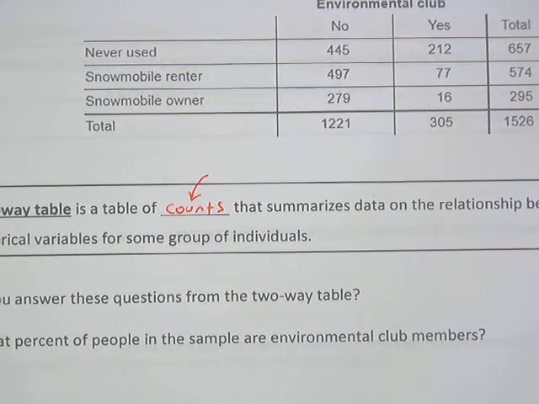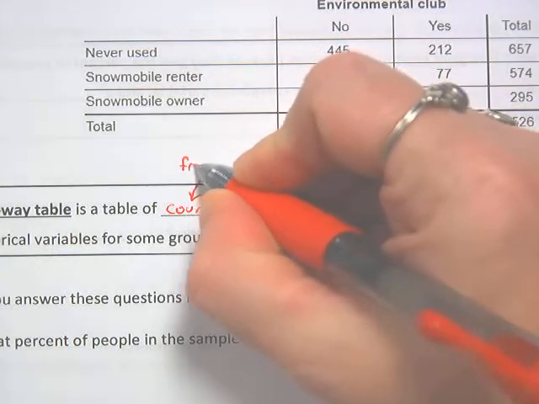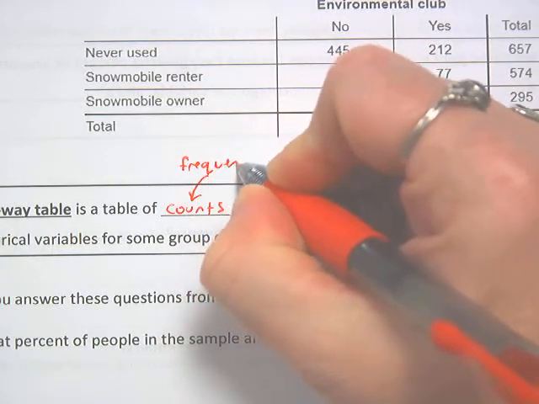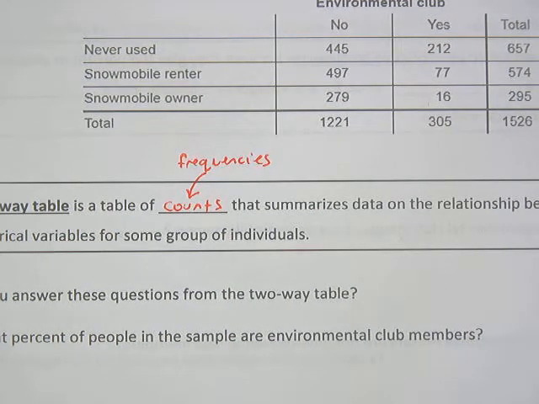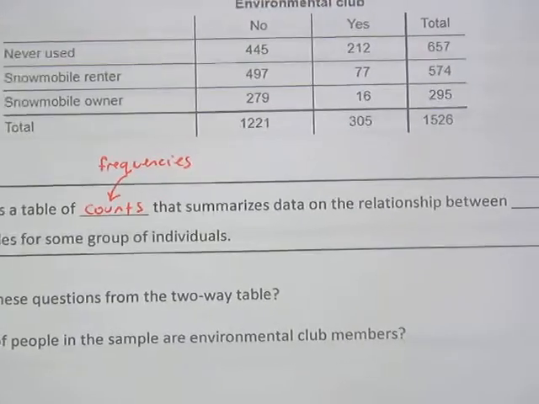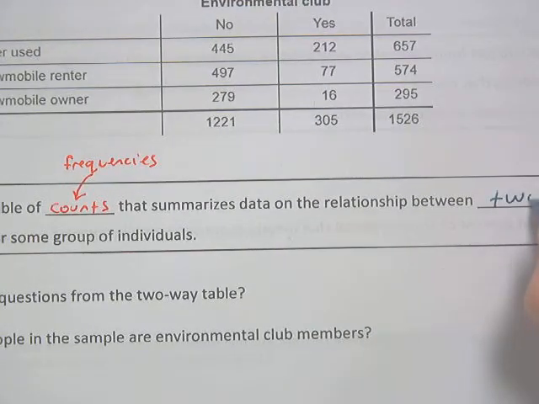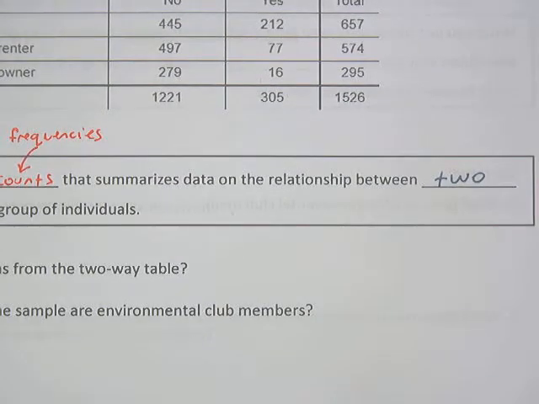And way back in chapter 1, we talked about how counts are called frequencies. So if you were trying to find some information about two-way tables on the internet, sometimes they're called two-way frequency tables because they just show the counts of how many people are in each category. It summarizes data on the relationship between two categorical variables, hence two-way table, for a group of individuals.